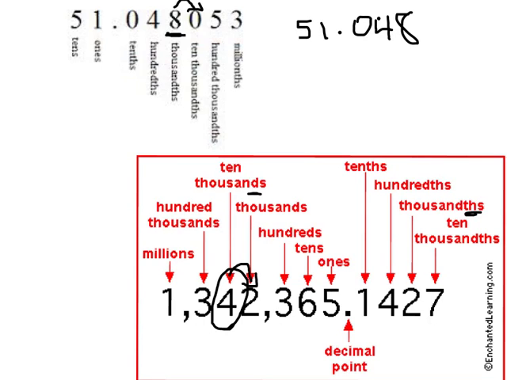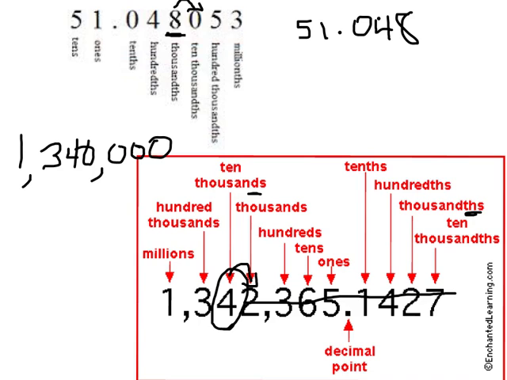That is a 2. 2 is less than 5. So all of this is going to go away, and it's going to be 1,340,000, and I need zeros right there. And I don't need any of this, okay?